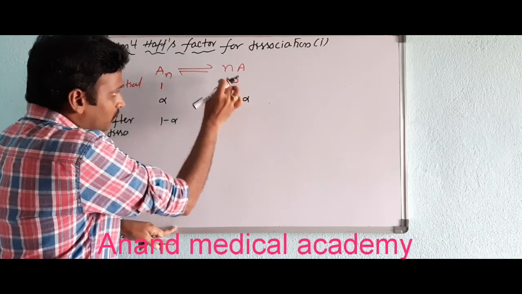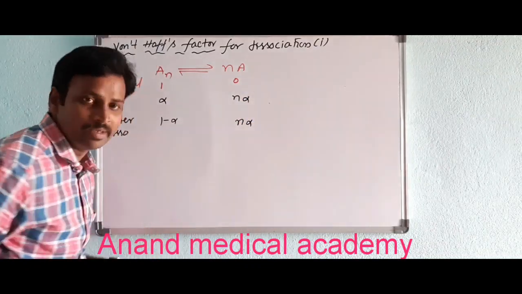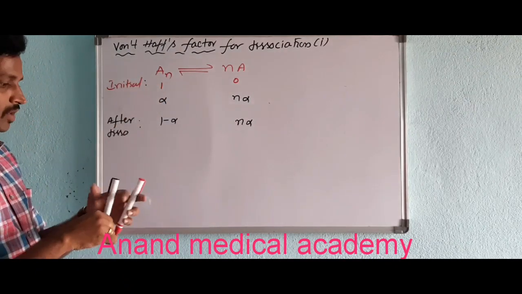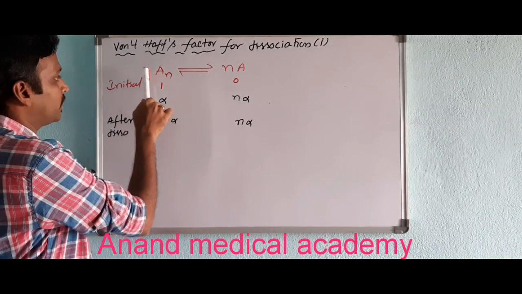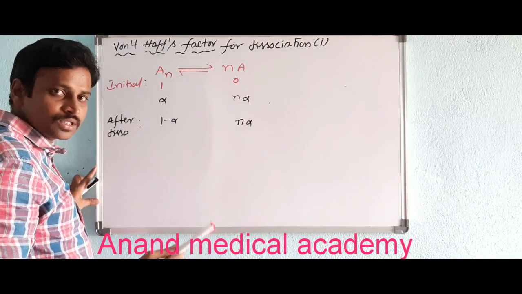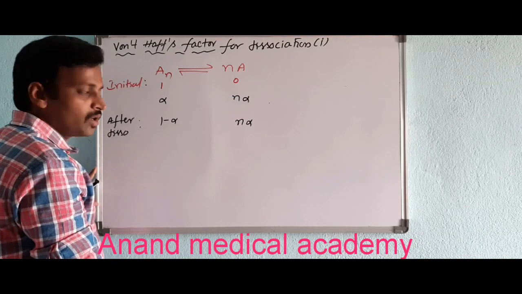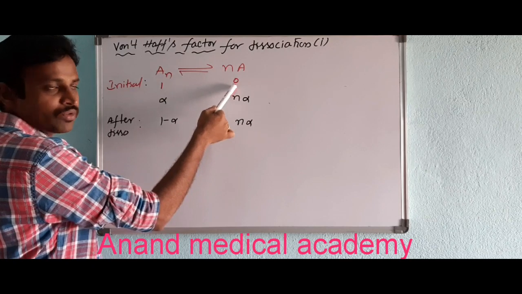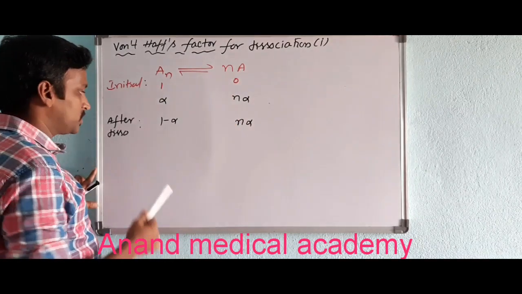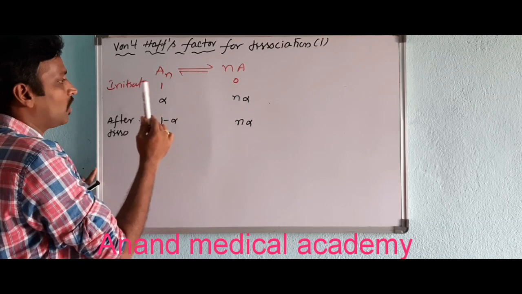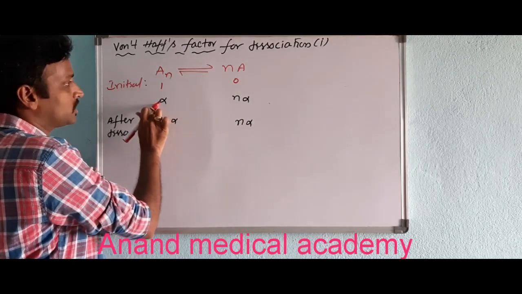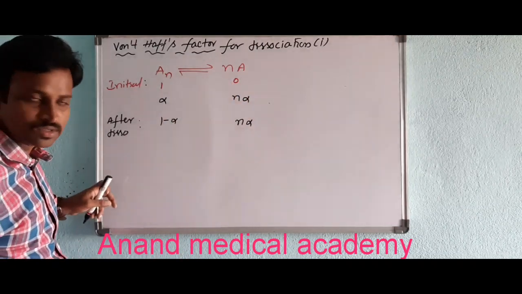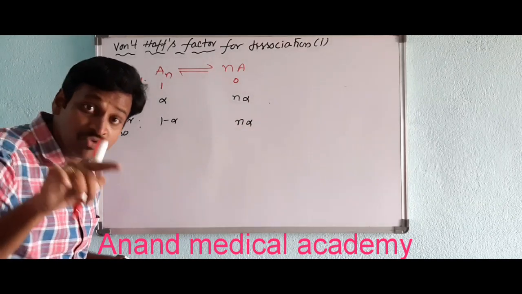This was previously 0, so N alpha moles will be present, because 1 mole gives N moles, so alpha moles will give N alpha moles.